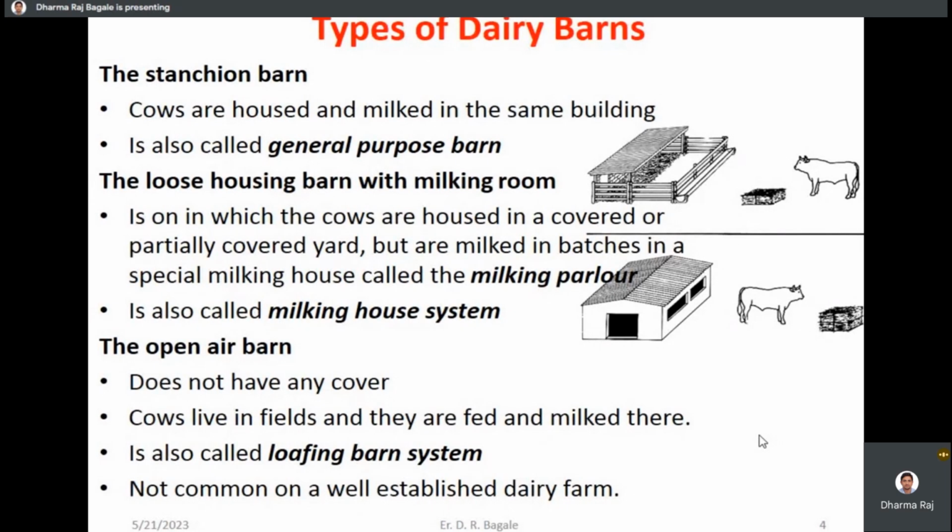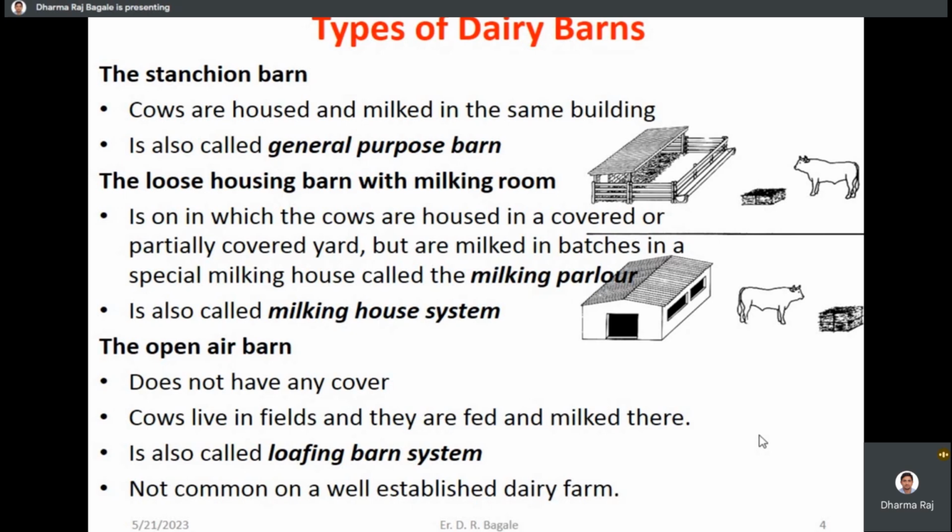Mainly in urban areas where we are going to build the cow farm, we have limited land. In that place, these stanchion barns are preferred, and in the case of Nepal, we can see this type of housing system widely adopted.